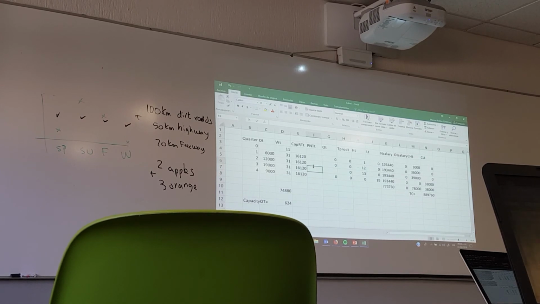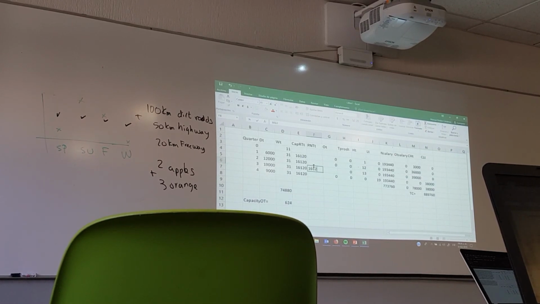Okay, this total is capacity, 1,620, and how much is this, just the overtime? 3,224, which is 19,344. And the demand is only 19,000, so is this a feasible solution? I mean, the 31, is it feasible? Yes, it is.